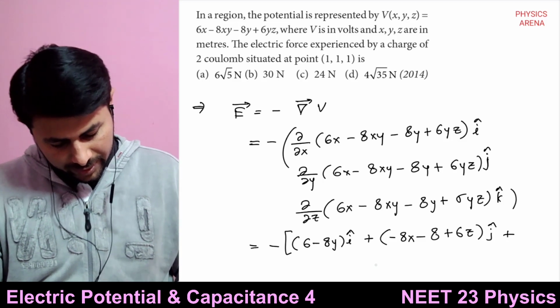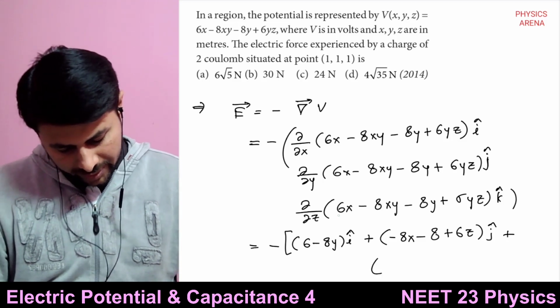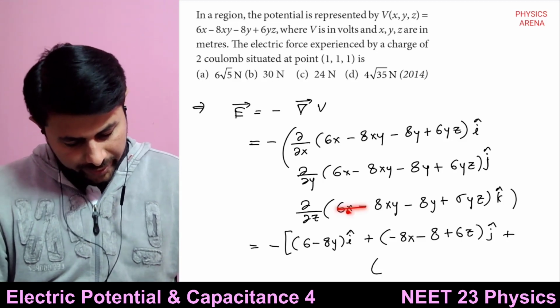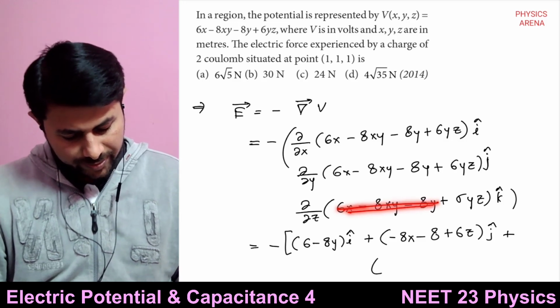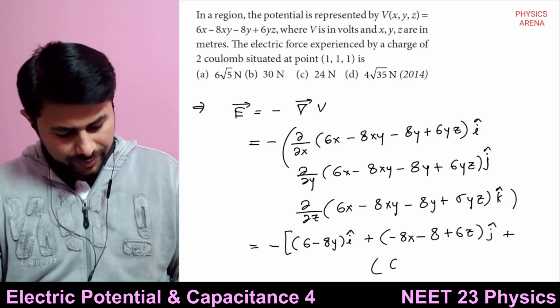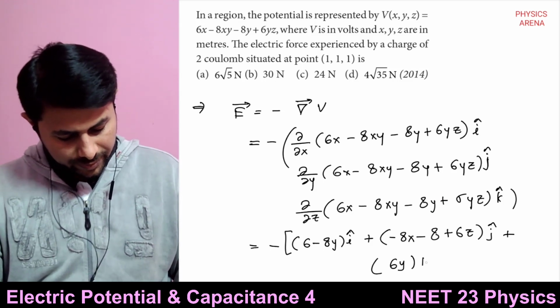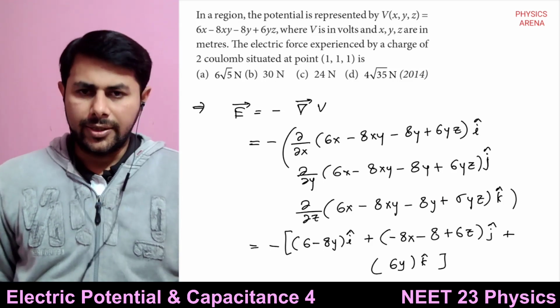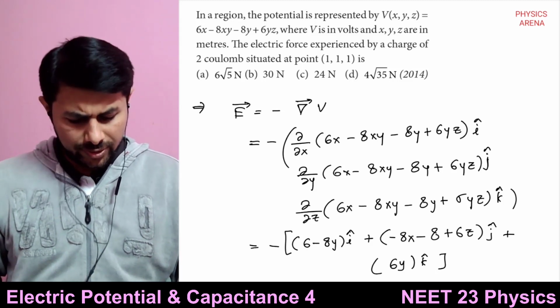And plus, no z in these three terms, so it is just 6y times k cap. Yeah, this is also option D.